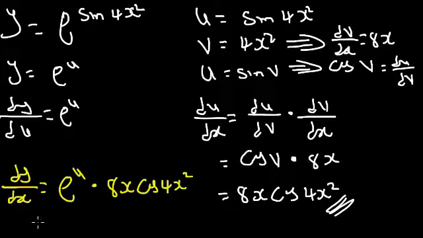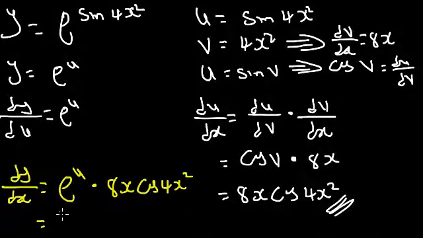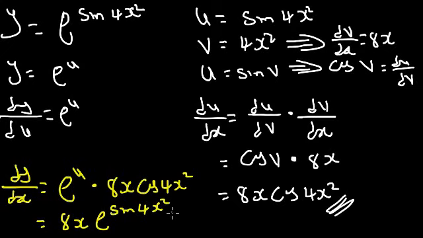And upon simplifying this, and also upon replacing u with whatever we said it is equal to, which is sine 4x squared, then we have our final answer to be 8x e to the power of sine 4x squared cosine 4x squared. So this should be our final answer to this problem.